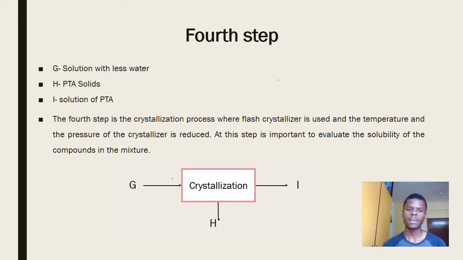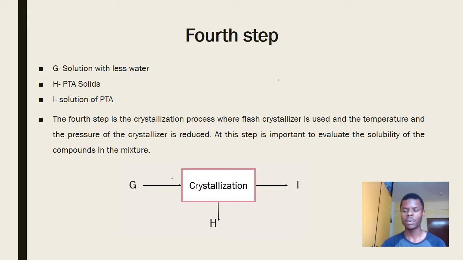For the fourth step, we have the crystallization, where the concentrated solution with less water is put in the crystallizer, where we reduce the temperature and pressure to crystallize the PTA. As a product, we have a liquor solution with PTA and water.